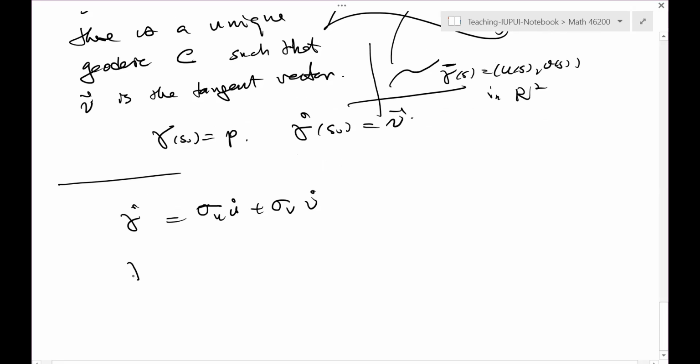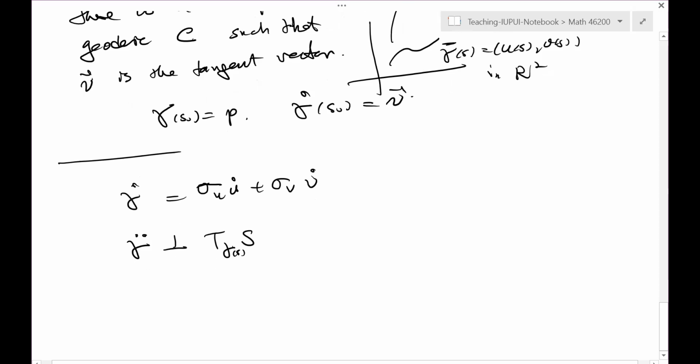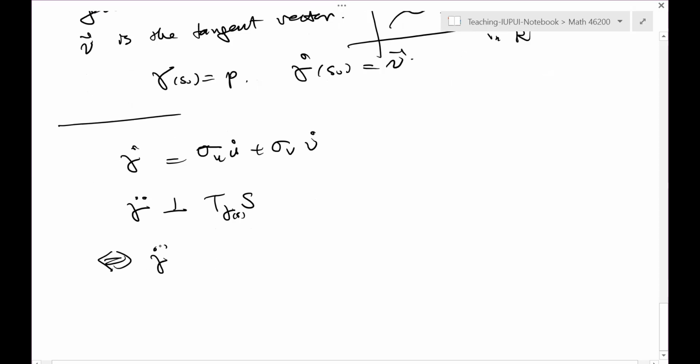This is a geodesic if and only if the acceleration is perpendicular to the tangent plane.